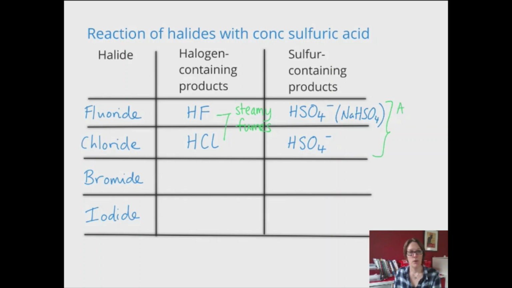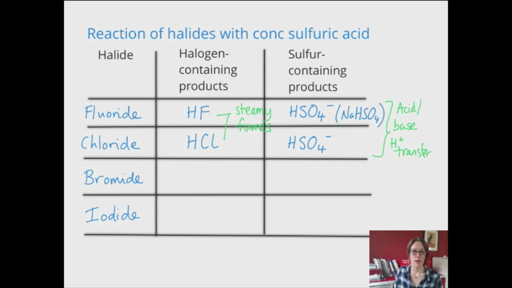And the important thing to note here in terms of redox is that this is not a redox reaction. It is just an example of an acid-base reaction. It's a hydrogen ion being transferred from H2SO4 to the fluoride ion or the chloride ion. So it's simply the formation of a covalent bond between fluorine or chlorine and the hydrogen.